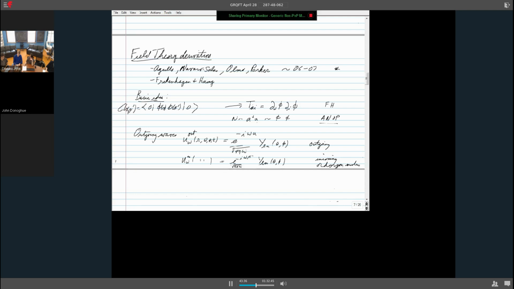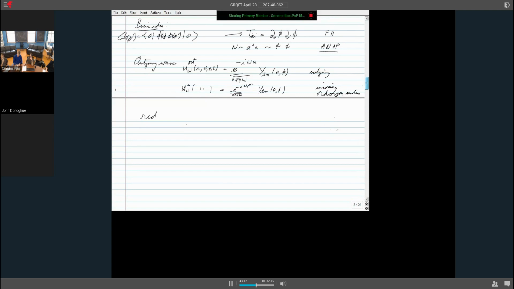And the other ones will be written in the same sort of basis. So these are the outgoing ones. U in will be, just using some other coordinates, e to the minus i omega v, they call it, over square root of 2 pi omega. And this is the incoming.